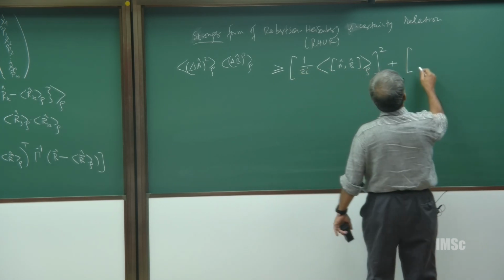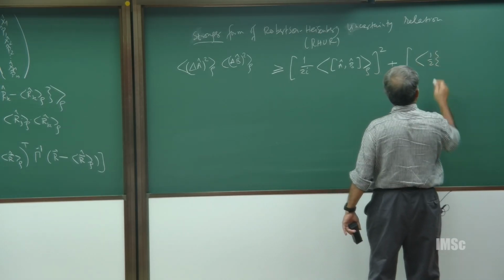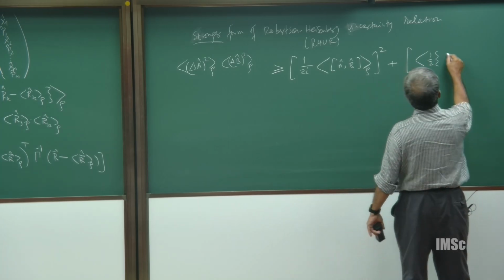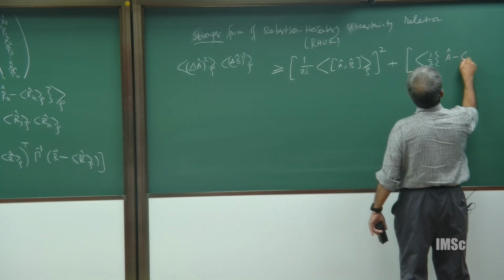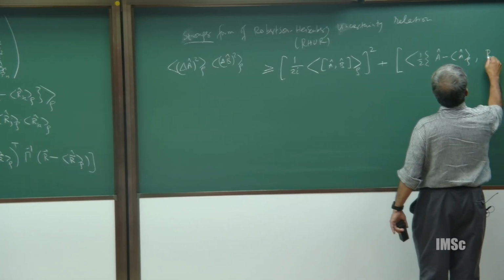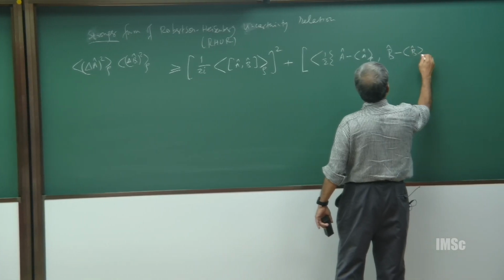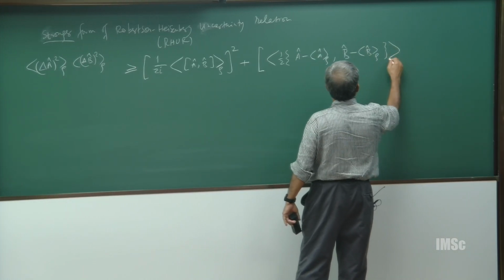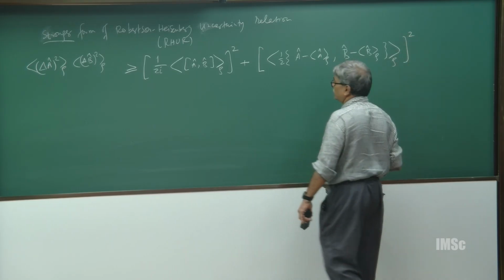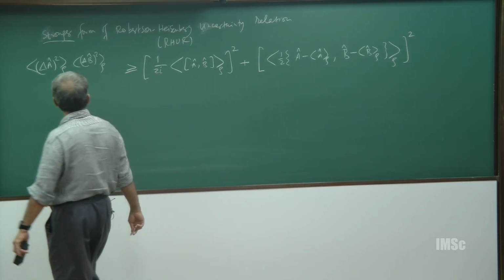Okay. So, you can say that this is A minus the average of A and B minus the average of B, squared. Okay.